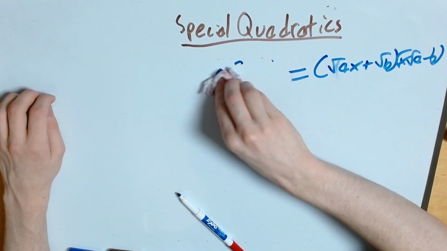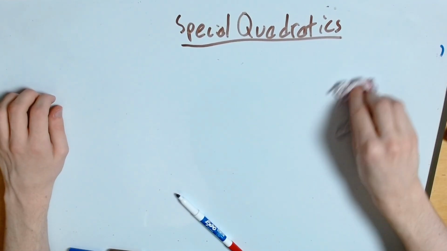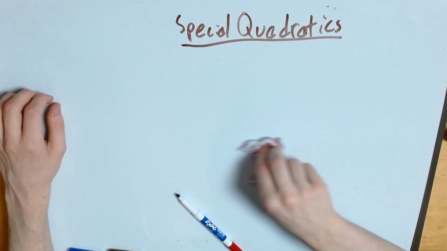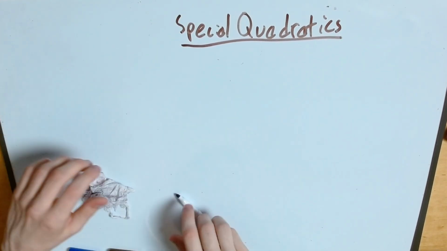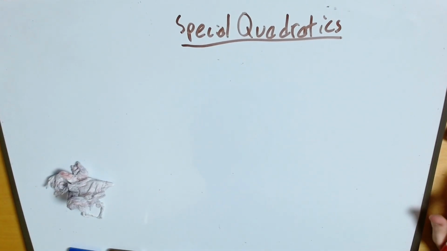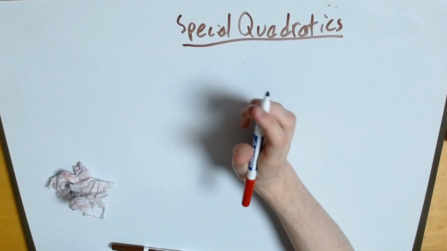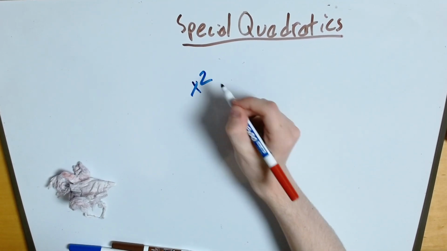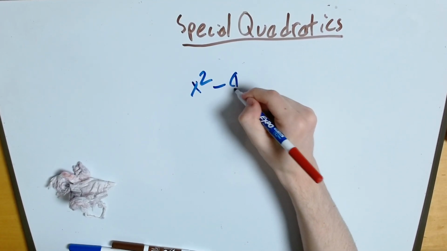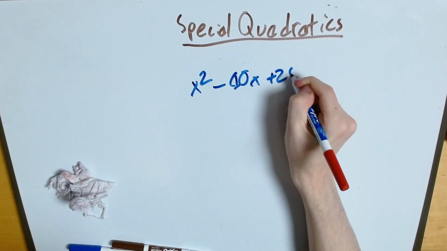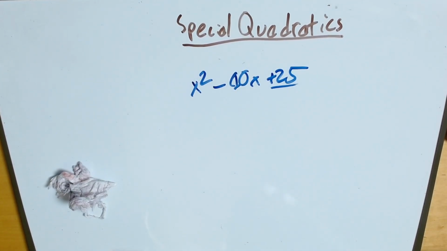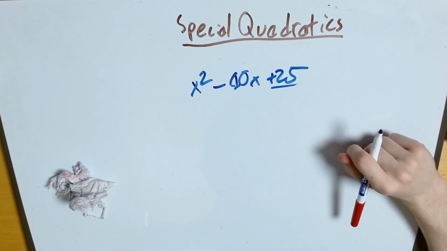Now, squares will come up again, this time in a slightly more complicated way, in what we call the sum and difference of squares, right? So say I'm given a quadratic like x squared minus 10x plus 25. And I say, hey, 25, that's 5 squared.